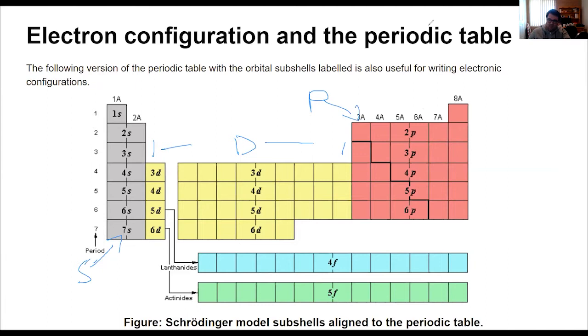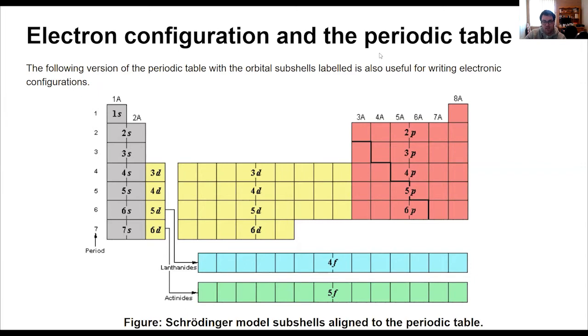It sounds very complicated the first time you're hearing it, but when you know what to do to apply it, you realize it's really just using the periodic table as a map.